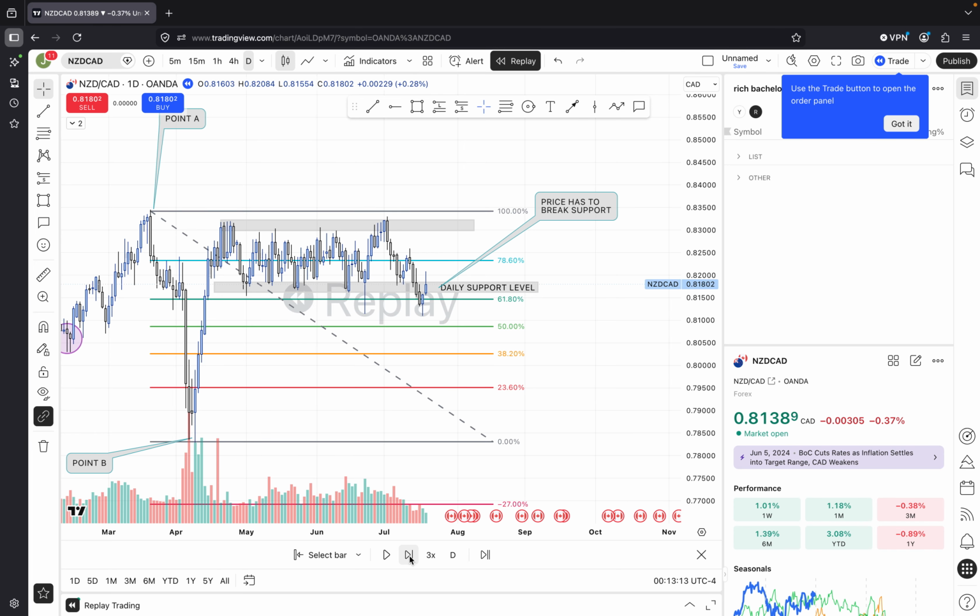You know the correction is over when you begin to see lower highs and lower lows formed on your downtrend, or the reverse, when you begin to see higher highs and higher lows formed on your uptrend. That's how you know the correction is over and we are starting to go back into the continuation of our trend.